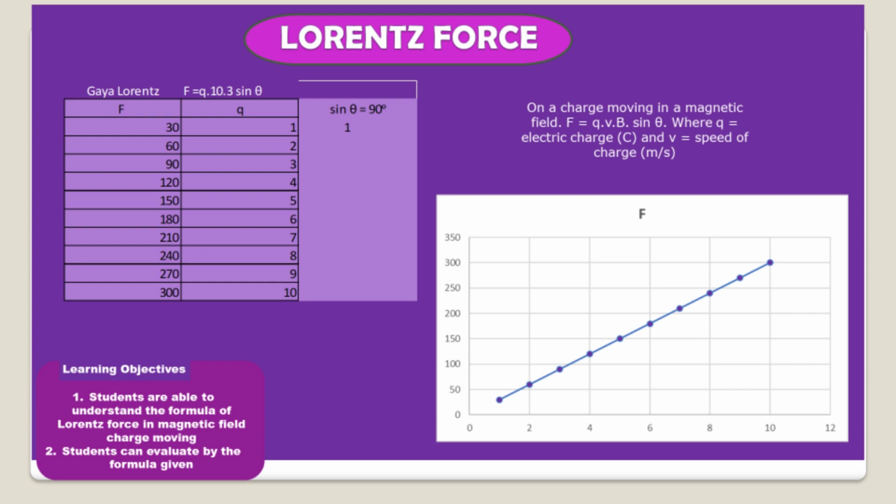For the first distance, with A is 1 meter, and then substitute to B equals mu0 times I over 2 times pi times A, we get B is 10 to the power minus 6 Tesla. For the second distance, with A is 2 meter, we get the value of B is 5 times 10 to the power minus 7 Tesla, and so on, until we get the last distance at A is 10 meter.